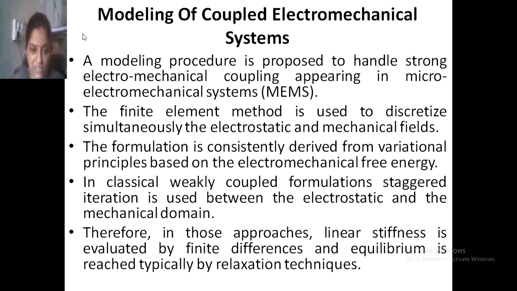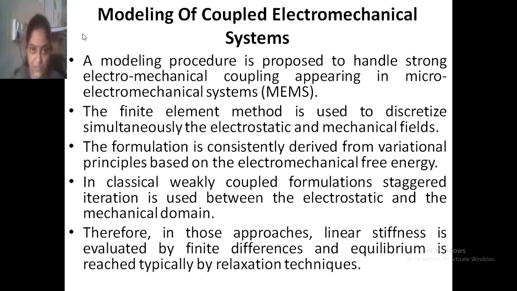Therefore, in those approaches, linear stiffness is evaluated by finite differences and equilibrium is reached typically by relaxation techniques.